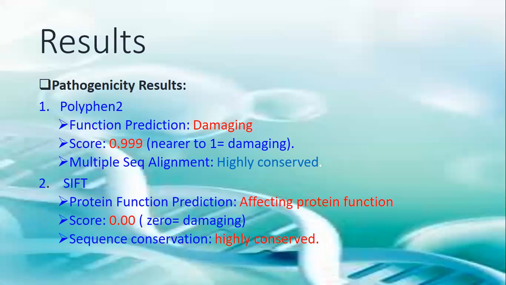Some tools use a range of 5 to 10, some 1 to 10, and there will be ranges for damaging, normal, neutral, and pathogenicity. SIFT gave us a predicted result of 0, which means damaging, and the prediction of sequence conservation is highly conserved.